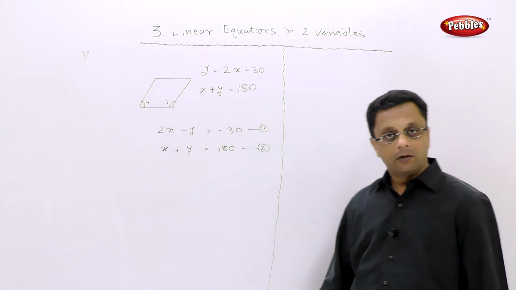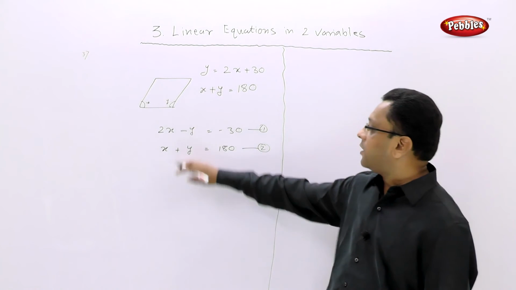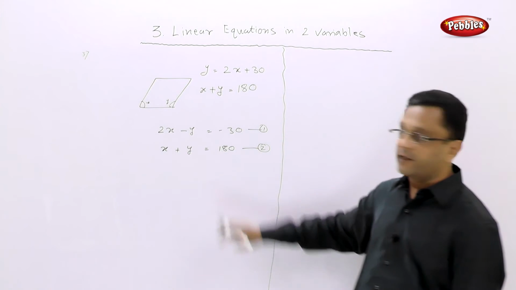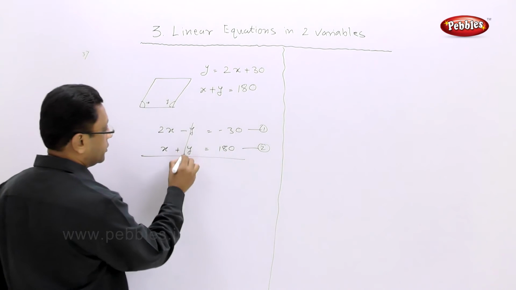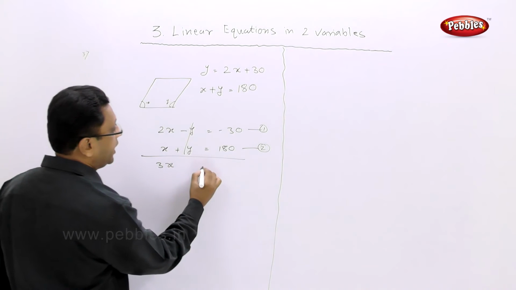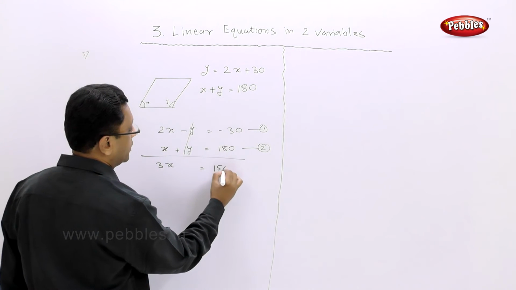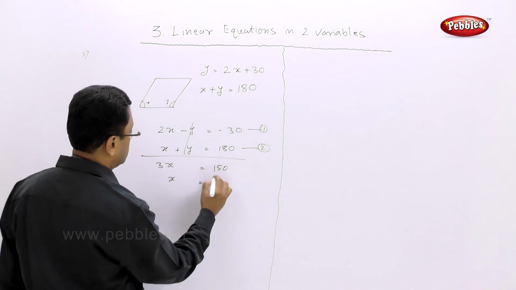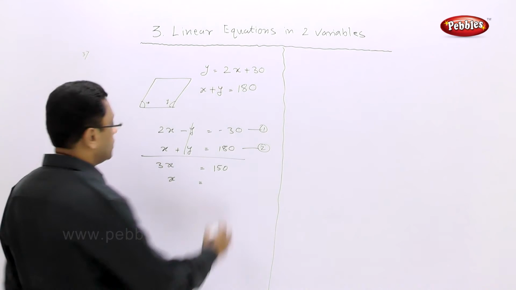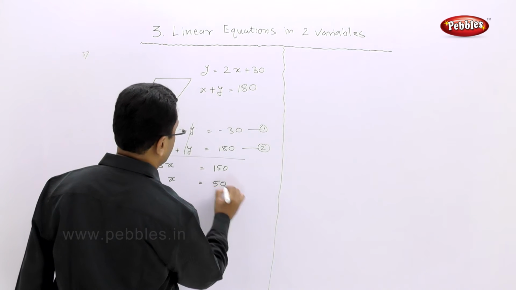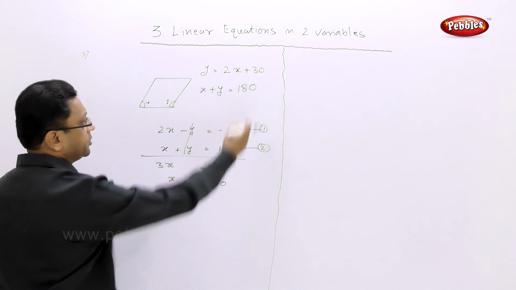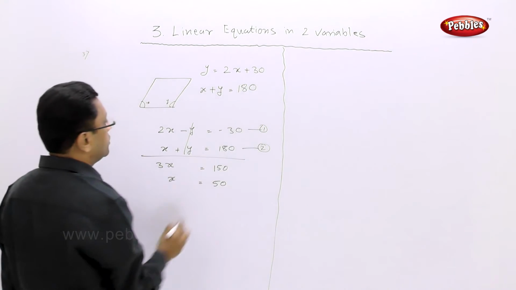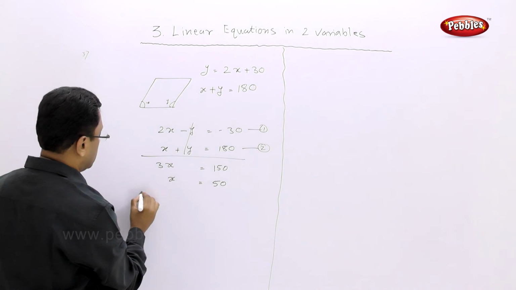Very easy now. You can just add the two equations and you will get the value of x, right? Let us do that. This will get cancelled. So we have 3x equal to 150 and x is equal to 150 upon 3, that is 50. Now we can substitute this in any of the equations. Let us substitute in equation 2, x plus y is equal to 180.